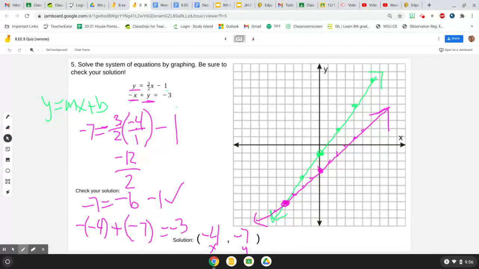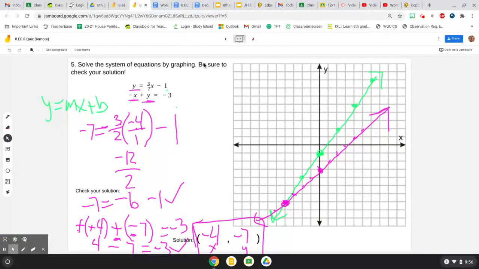And then equals -3. Okay, so if I have a double negative here, that's really like a positive. Okay, a double negative will make a positive. So that's like 4. Adding a negative is like just subtracting. So 4 minus 7. Is that going to give me -3? Yeah, it will. So I know that this is the correct solution. Okay, so I can see how that one could be a little challenging.